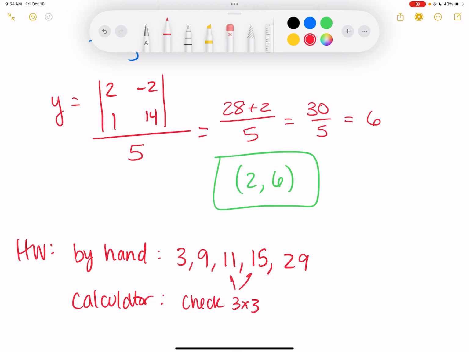So number 11 and number 15. And then 23 you'll do on the calculator because that's a finding the area problem. And then we'll do the next section on Monday. So we possibly might quiz on Wednesday on 3.5 to 3.8. Just so we know.